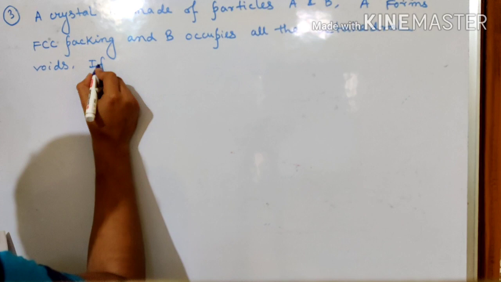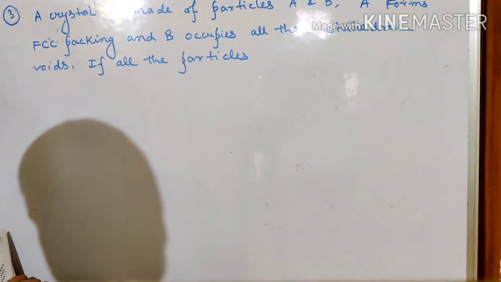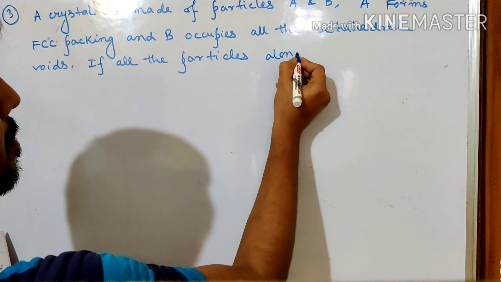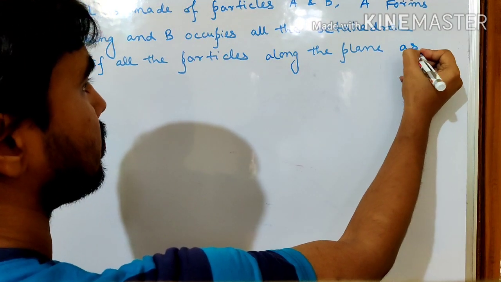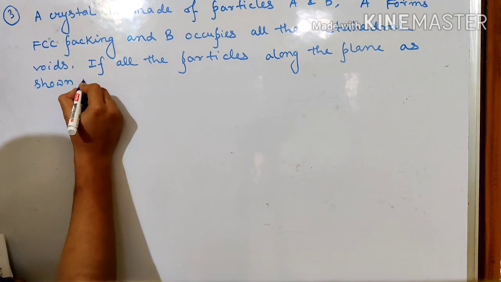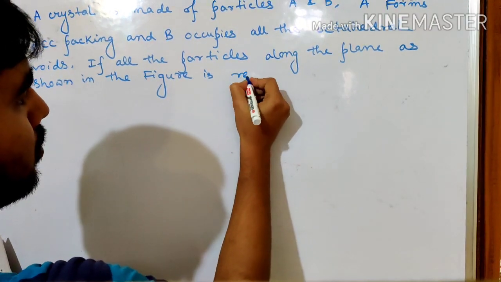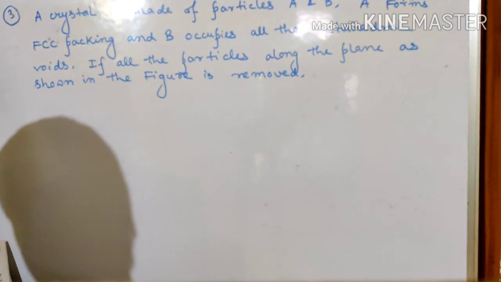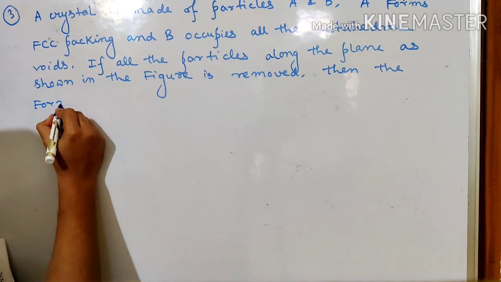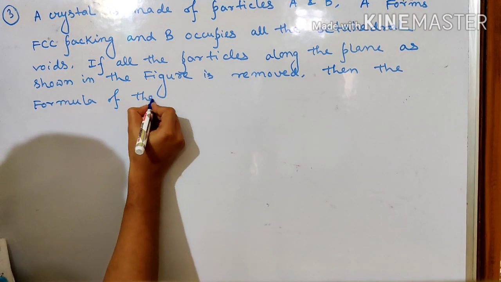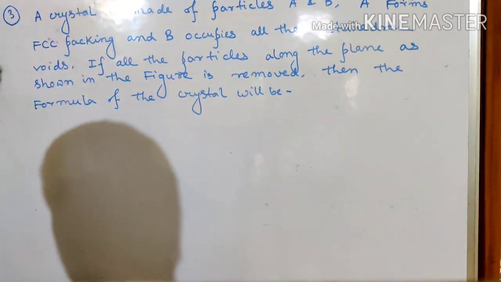If all the particles along the plane as shown in the figure are removed, then the formula of the crystal will be, 4 options are given.